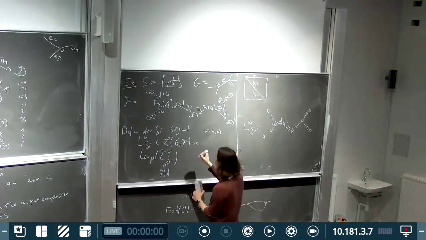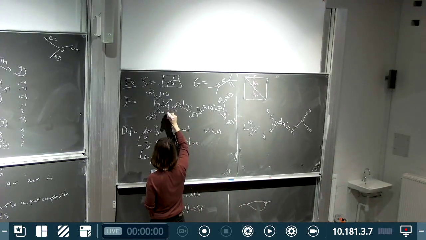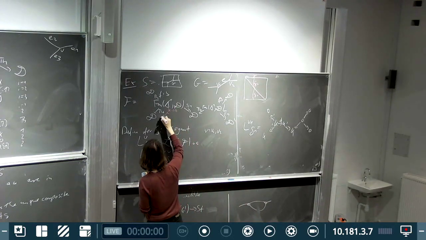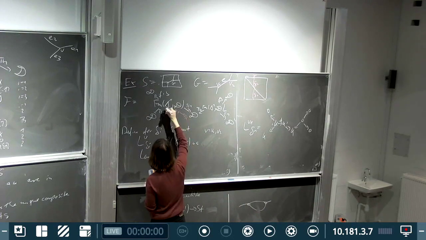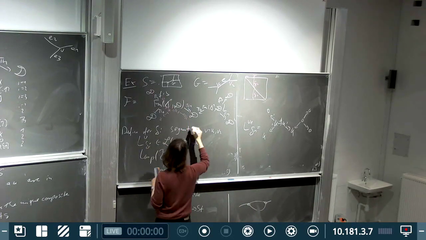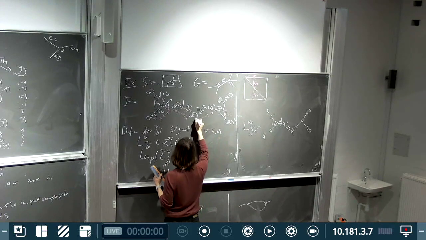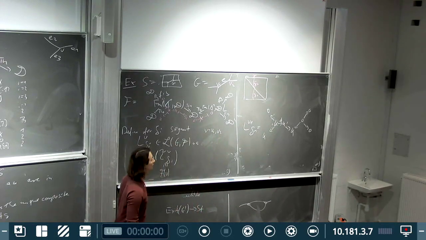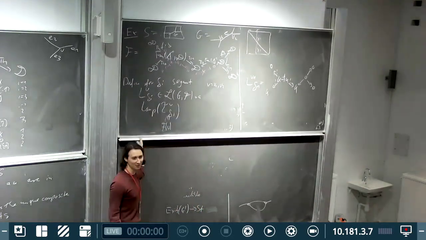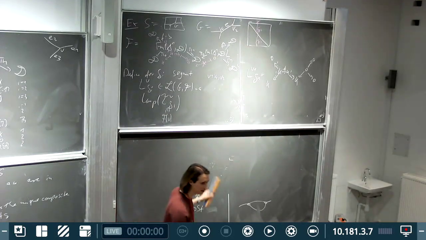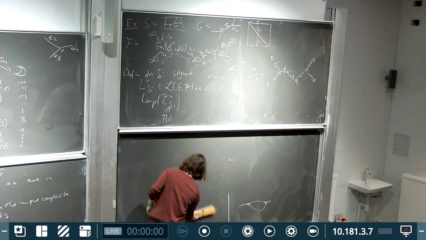You have k goes to k, gets mapped to k, gets mapped to k, gets mapped to 0. Here would have 0, and this does not get mapped to k. This would be your section. But there's a universal map from 0 to k, which you use to define the section.